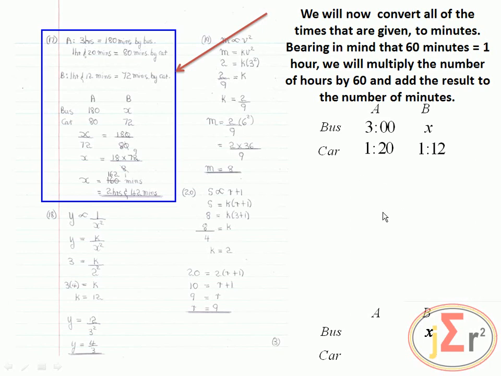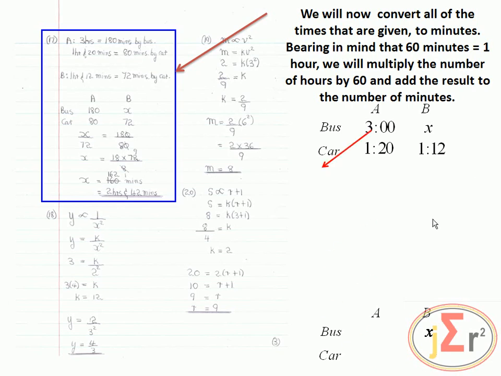Bearing in mind that 60 minutes is equal to 1 hour, we will multiply the number of hours by 60 and add the result to the number of minutes. Go straight ahead.